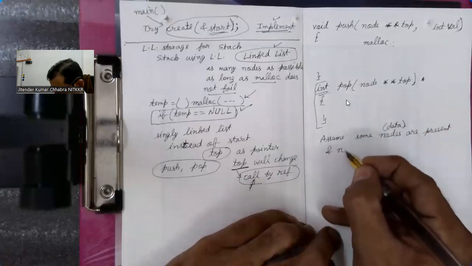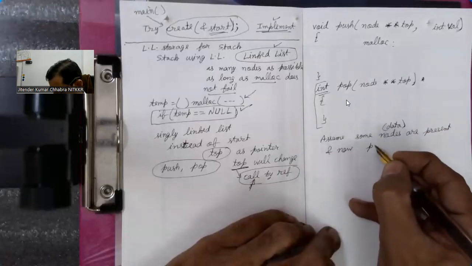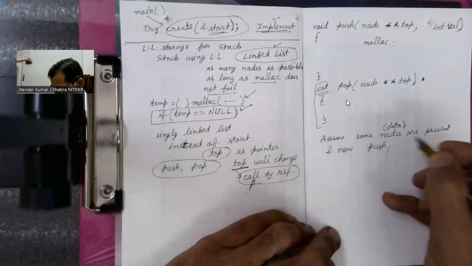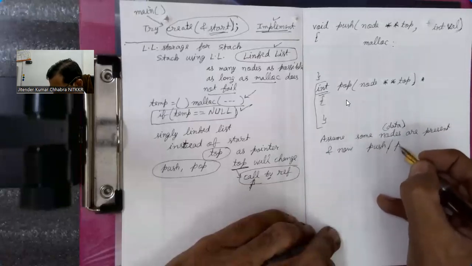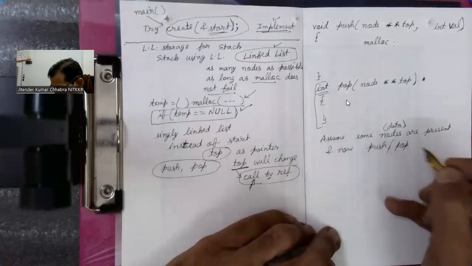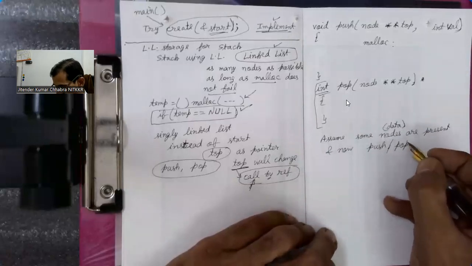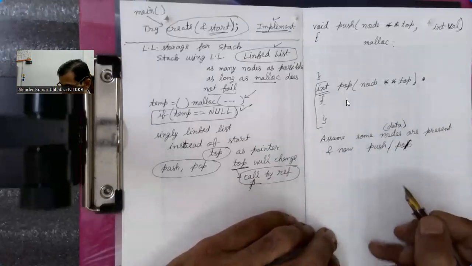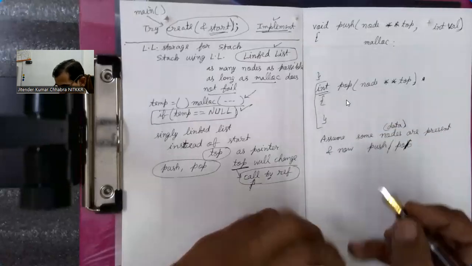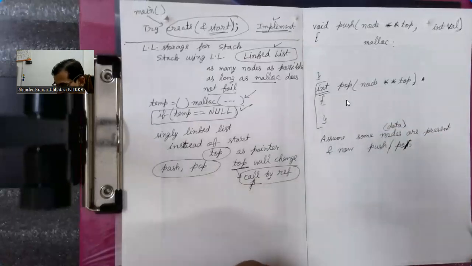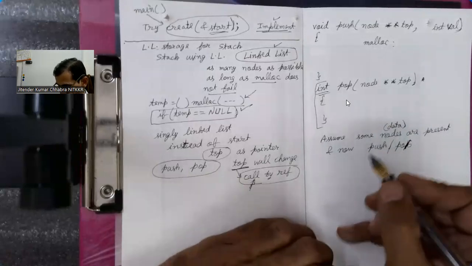And now you attempt push or pop. Special conditions we will handle later, and just try to do your push and pop over your stack via this particular case. Why I'm saying this is, when you try to write the code, you will find some typical problem, and then we will discuss that particular problem.